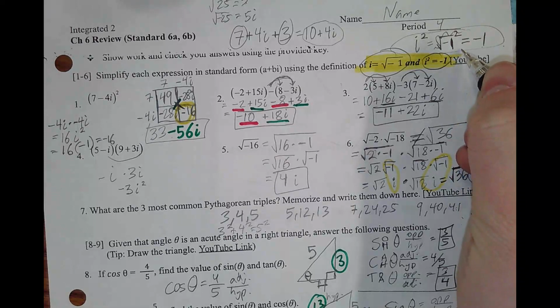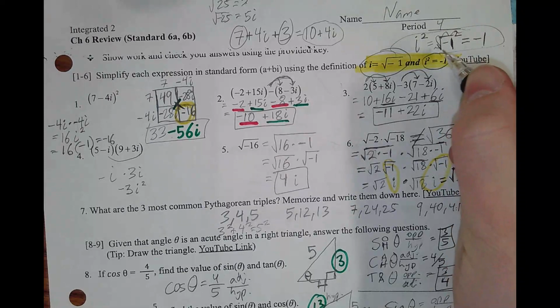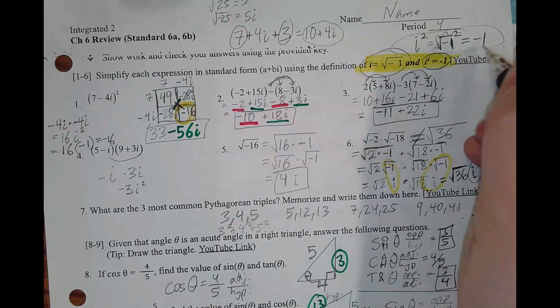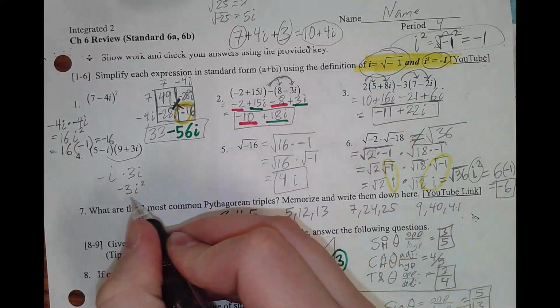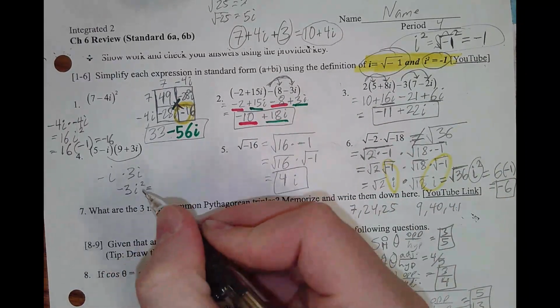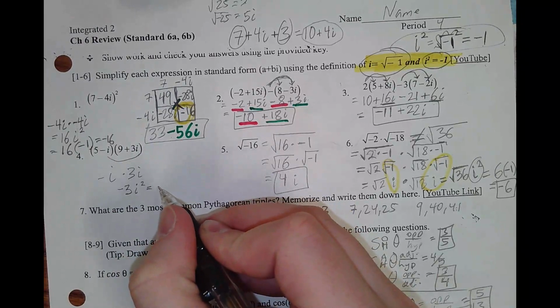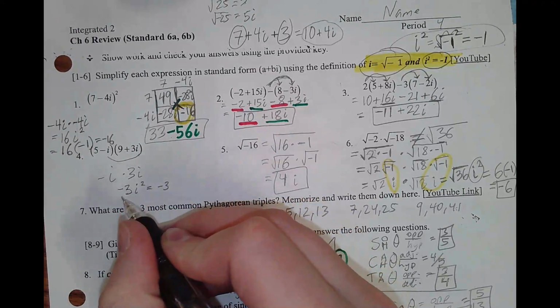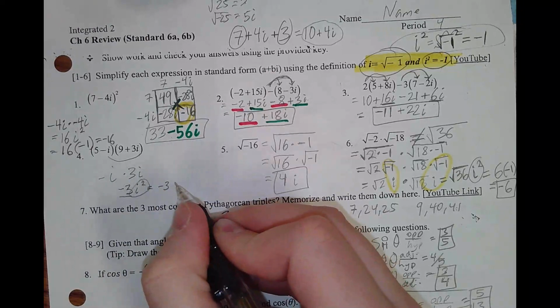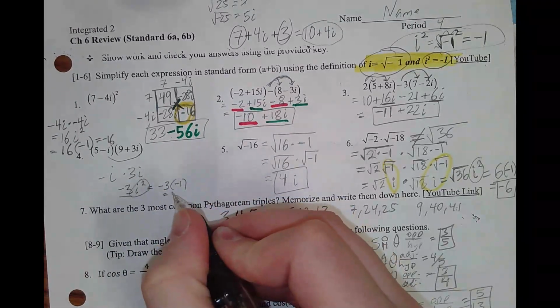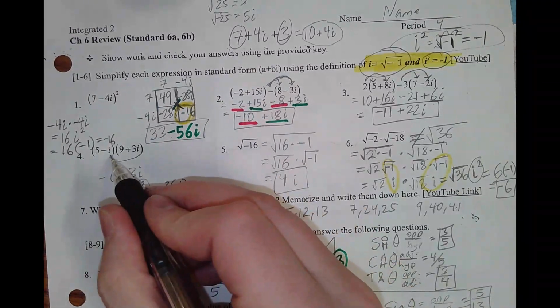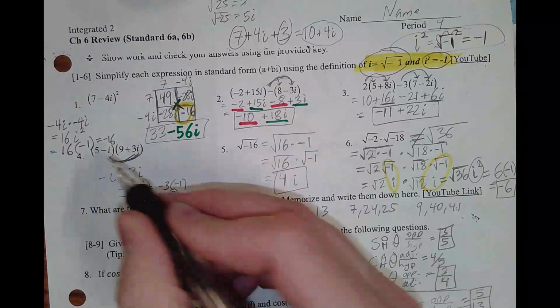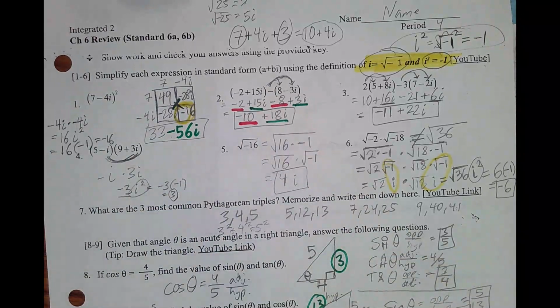Here's the reason why. If you ever square the square root of -1, you're going to get -1. So for this equation, we have to continue simplifying, and we're going to get -3 times -1, which is 3. So when you multiply just this and this, only those 2 parts, you're going to get 3. Keep that in mind when you're checking your work.